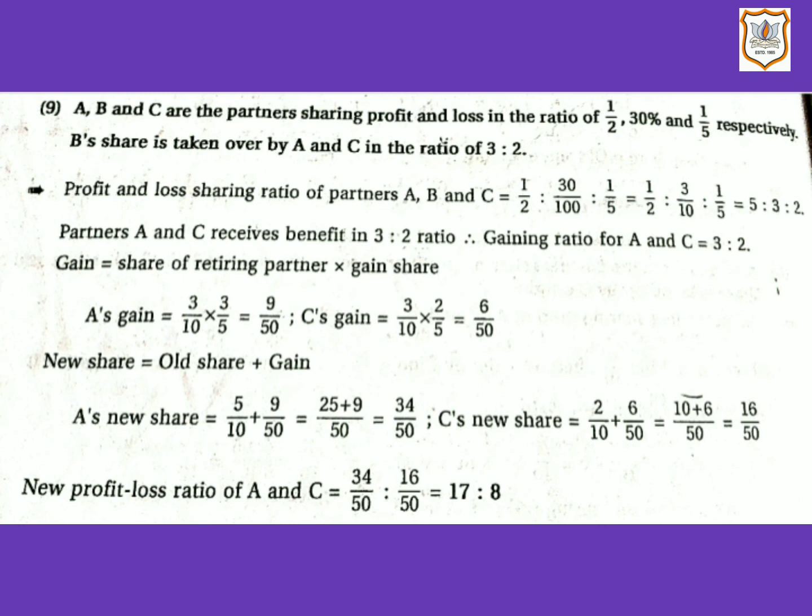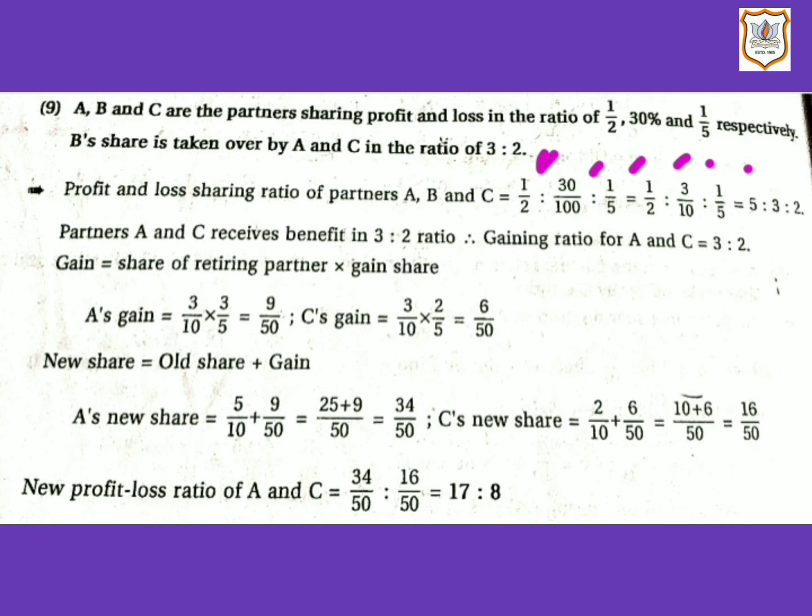So here profit and loss sharing ratio of partner A, B and C is given, that is 1/2 of A. Then as B's ratio is given in percentage form, so we can also write it as 30/100, and C's profit and loss sharing ratio is 1/5. Now we can make it smaller, so we can also write it as 1/2:3/10:1/5. Now you can see here the ratio appears in fraction.